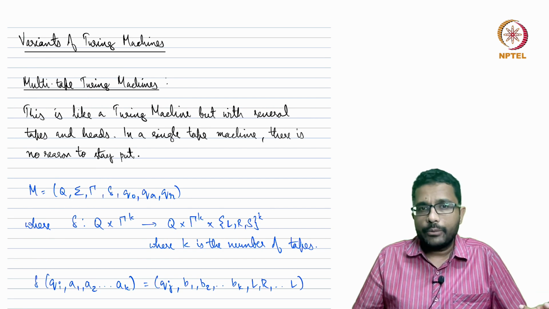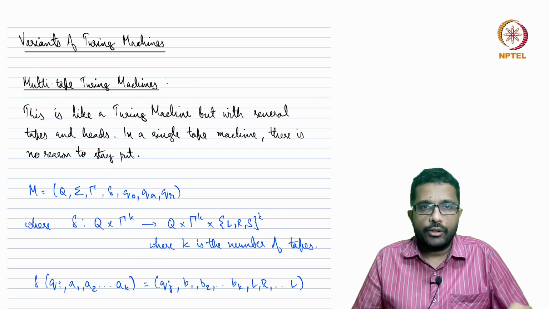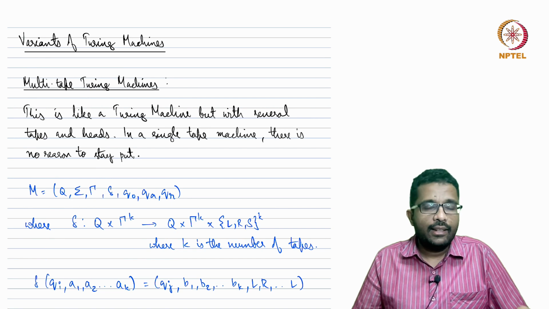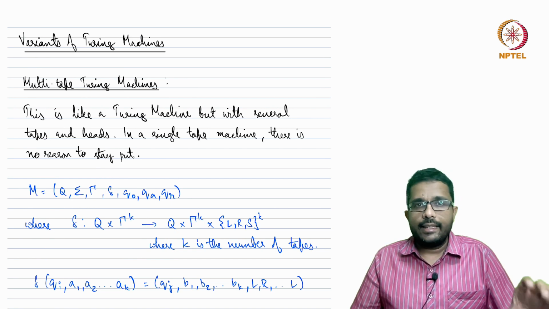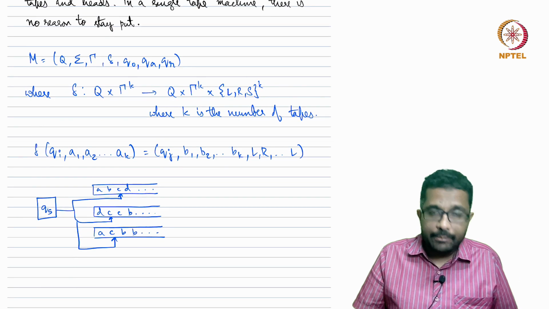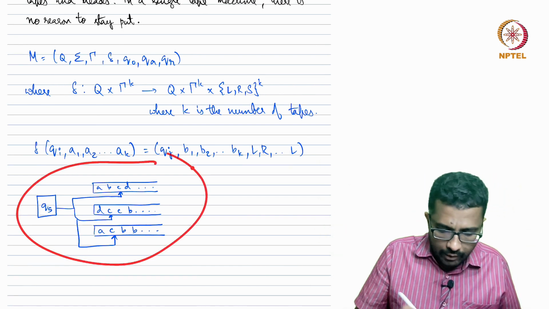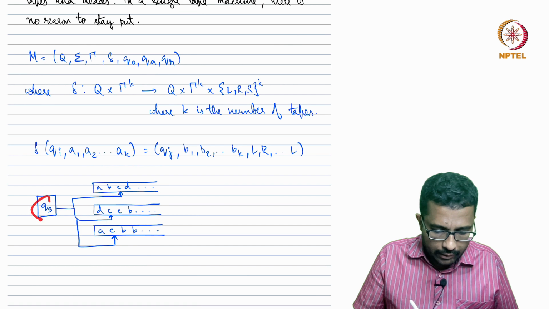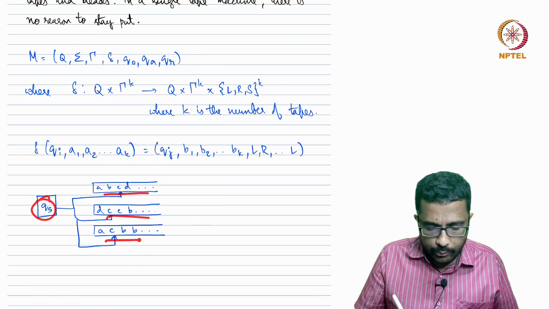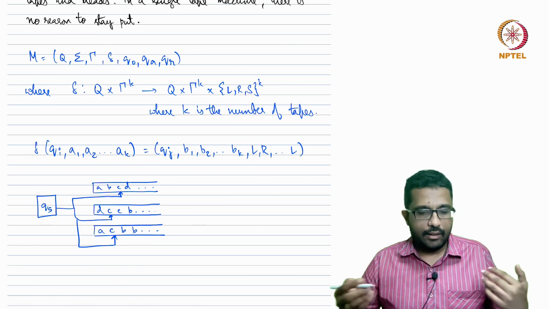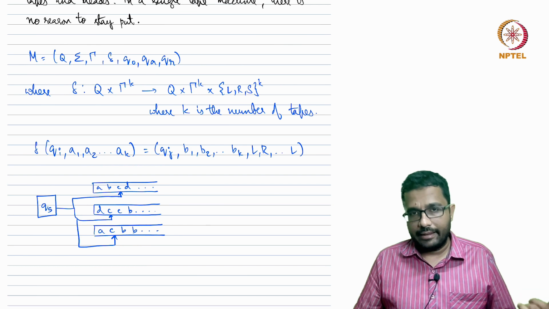So what are multi-tape Turing machines? It's just what you would imagine the name suggests. Instead of a single tape, we will have multiple tapes. So like what we have here, you have one state control and you could have multiple tapes, with each tape containing different possible contents.